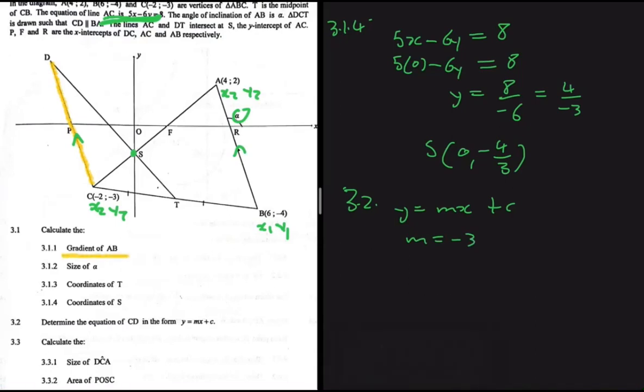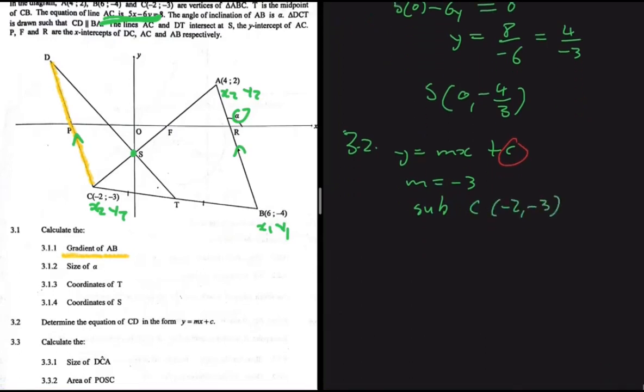So now we are just looking for c here, right? Which we're going to do by substituting our point C, right? If we substitute C with coordinates minus 2 and minus 3, we get: in place of y we put in minus 3. We're going to have minus 3 equals, and then the gradient is minus 3, right?